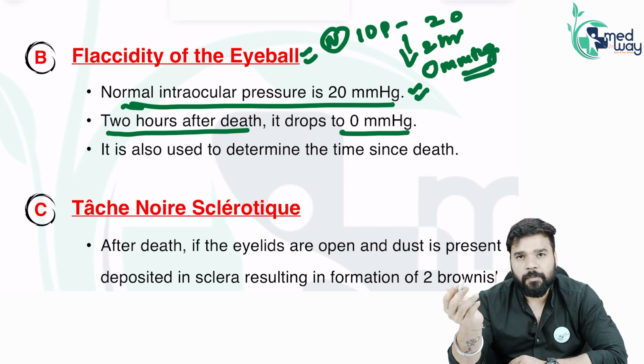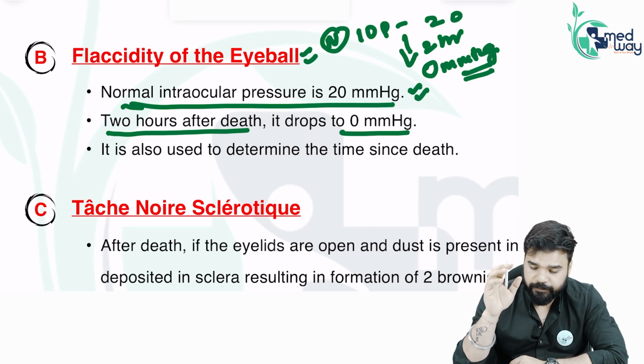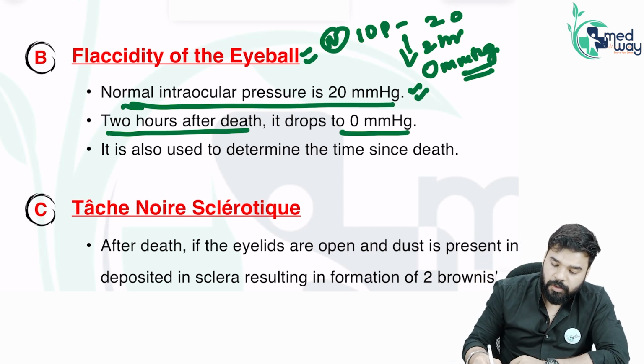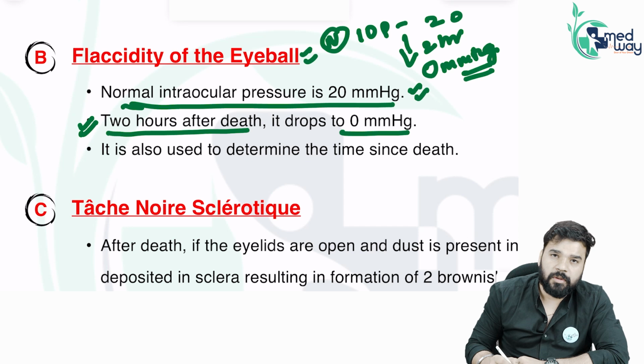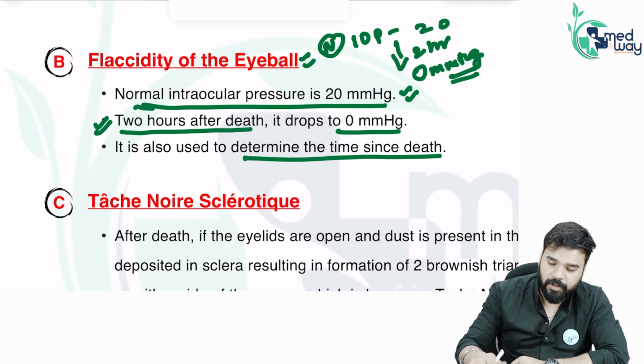Since the pressure drops, there will be flaccidity of the eyeball. Since we know that flaccidity of the eyeball happens 2 hours after death, it can be used to determine time since death.